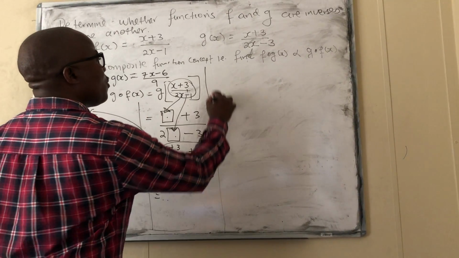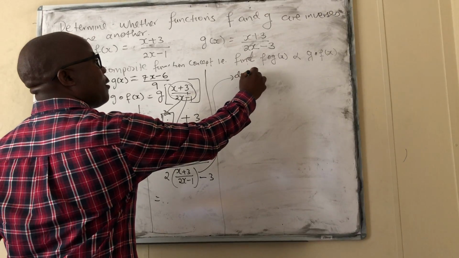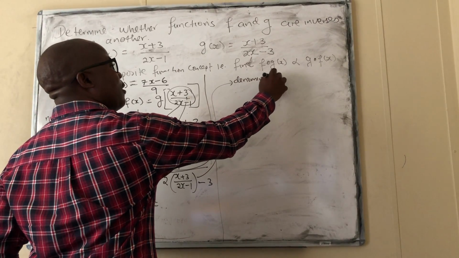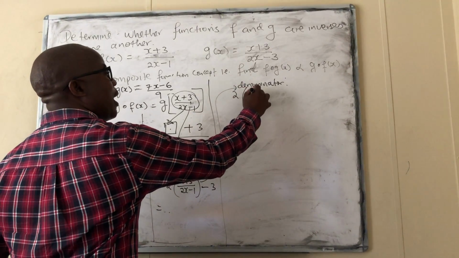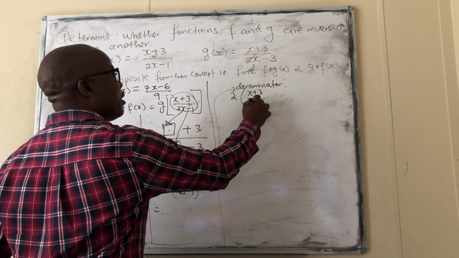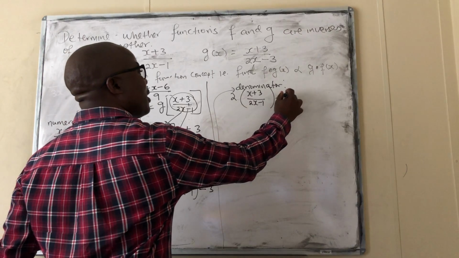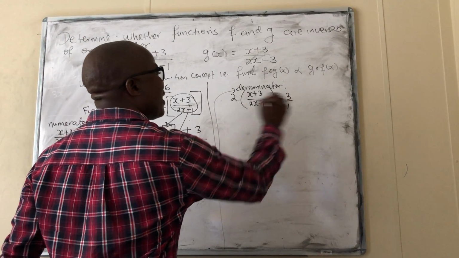And then here we are going to simplify the denominator. So this will be 2 times (x + 3) all over (2x - 1), minus 3, over 1.